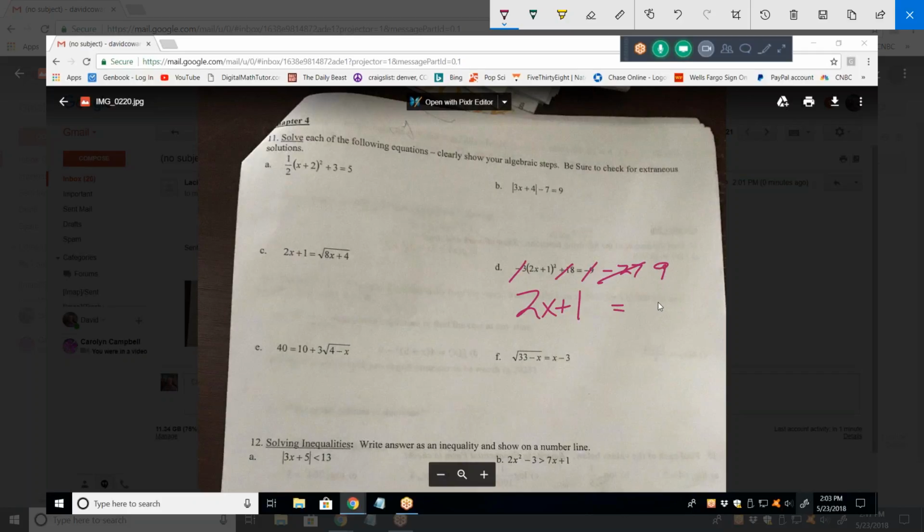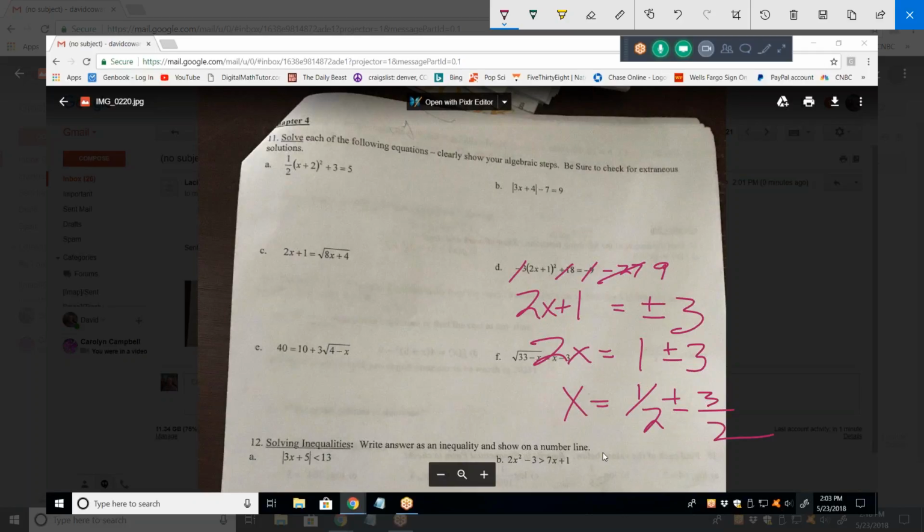What's the right side become? 2x plus 1 equals minus 3. Oh, 3 and minus 3. Okay. Now that means 2x equals 1 plus or minus 3, which means x equals 1/2 plus or minus 3/2.